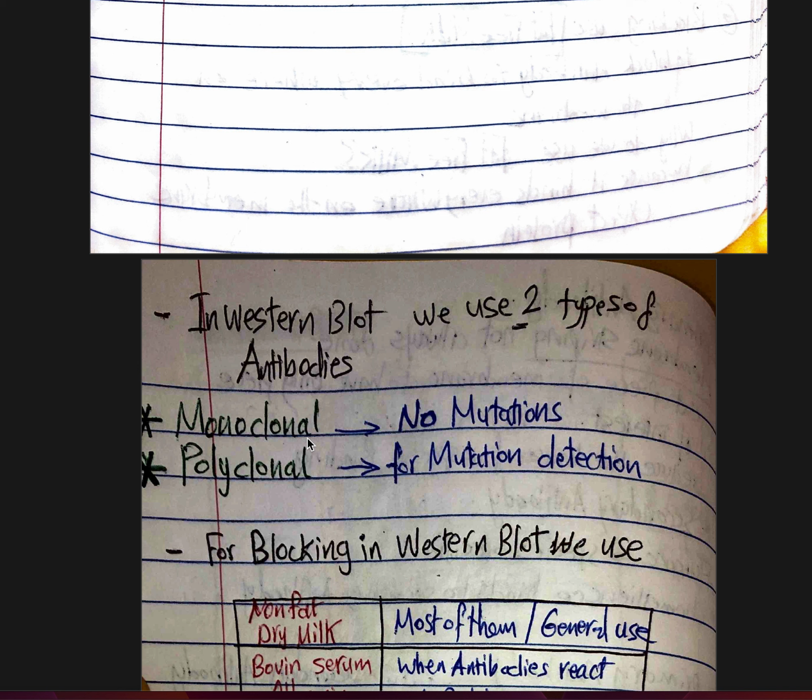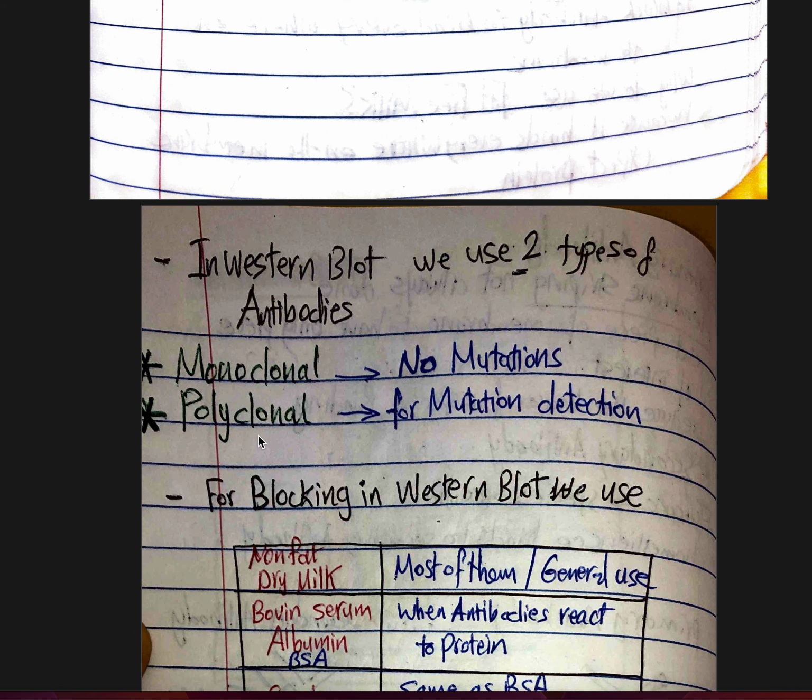So monoclonal antibodies are not good for detecting mutations. The better option is polyclonal antibodies. So we use polyclonal antibodies for mutation detection, and we can't use monoclonal antibodies for that. I will explain in the next lecture the difference between monoclonal and polyclonal antibodies.